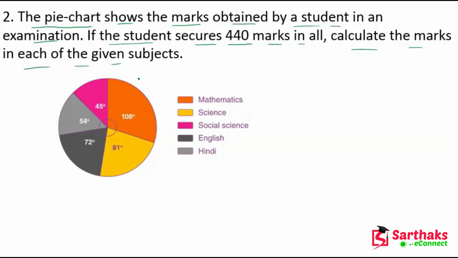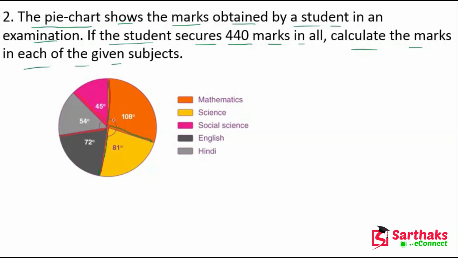Okay, so here, if you observe, this section represents mathematics, this section represents science, this section represents English, this section represents Hindi, and this section represents social science. Okay, understand?